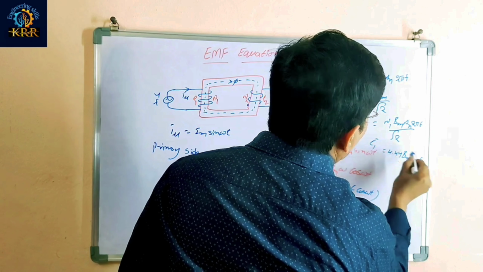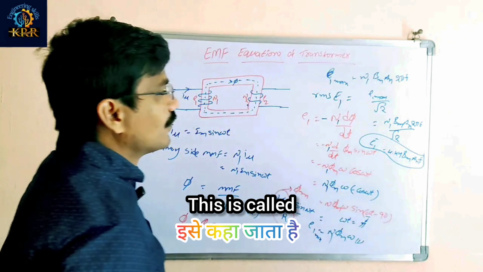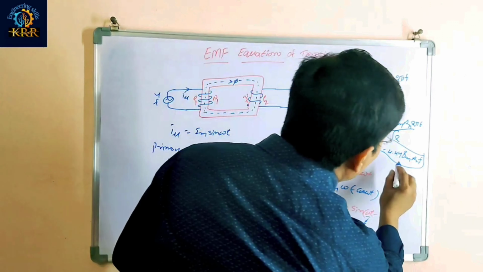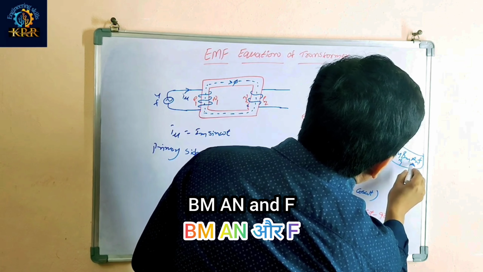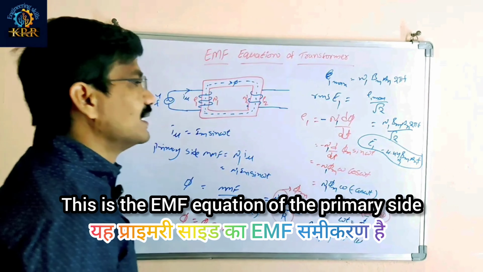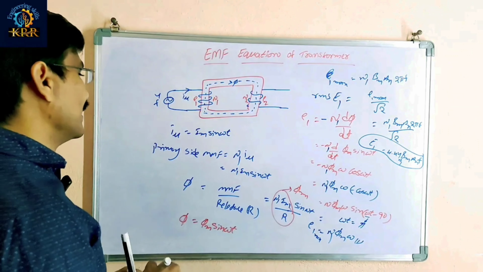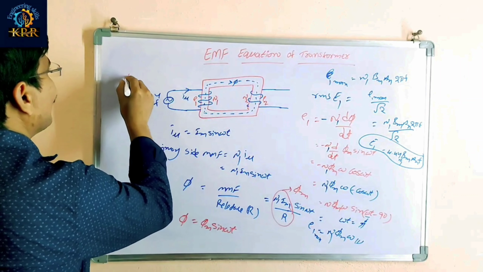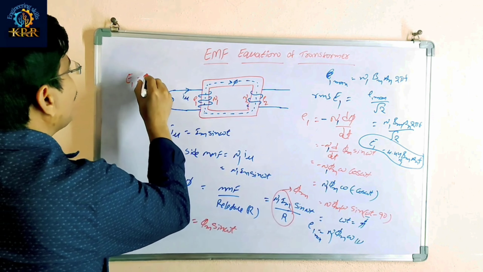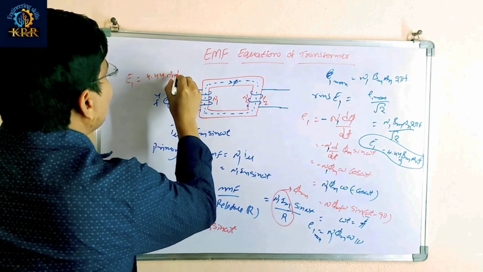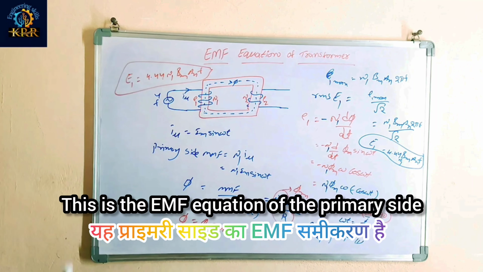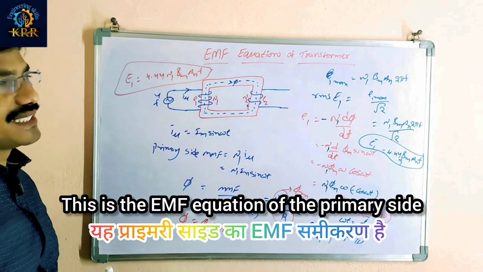This is the EMF equation of the primary side: E1 is equal to 4.44 N1 Bm An into frequency.